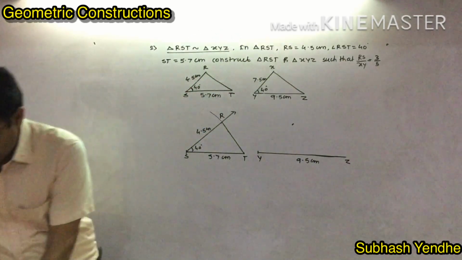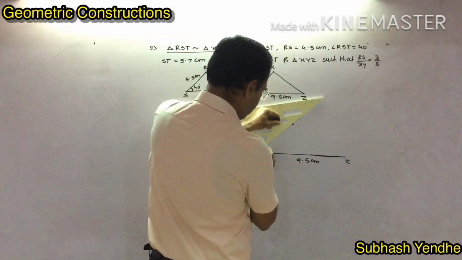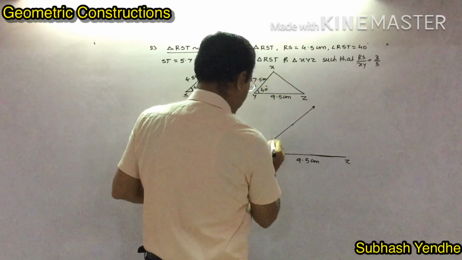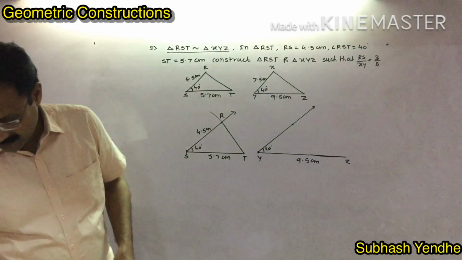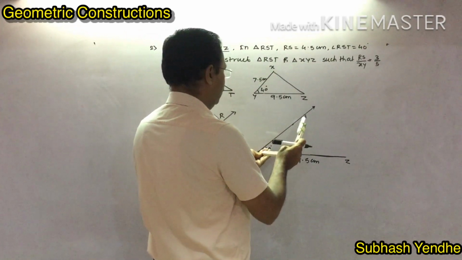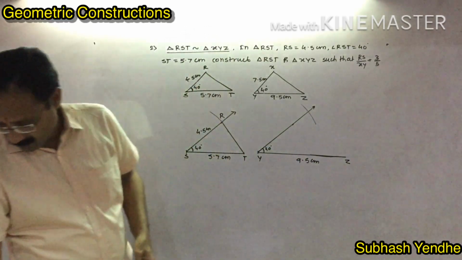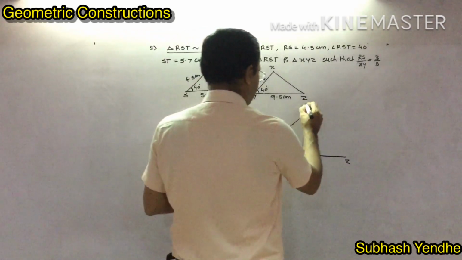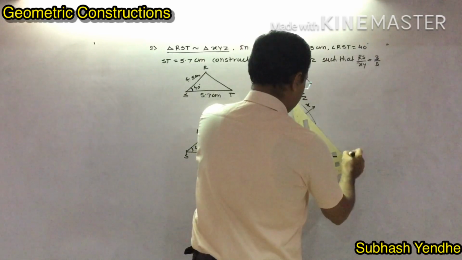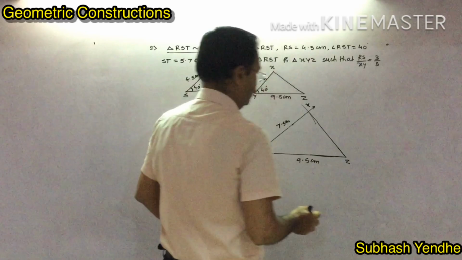Now you will get exactly the 40 degrees here. This is 40 degrees. And now you have to take 7.5 centimeters. So I have taken 7.5 centimeter here. Okay, this point is X. Now join it to Z. So you get the triangle XYZ.